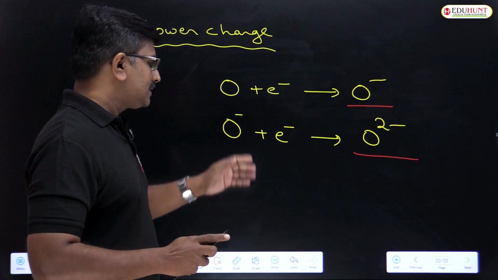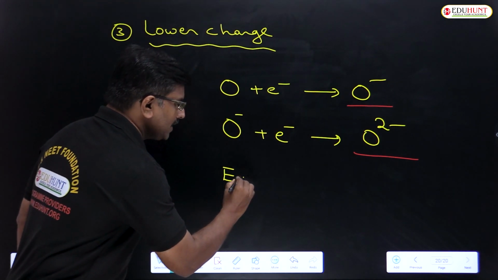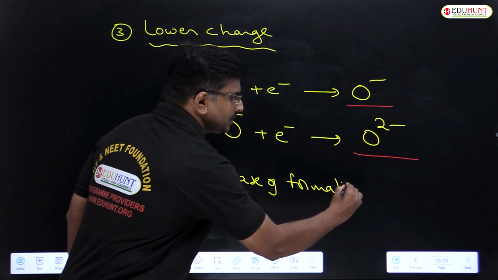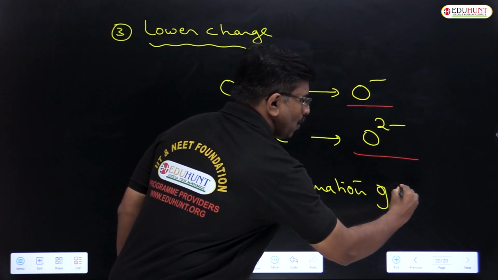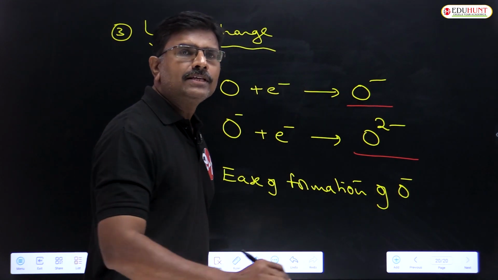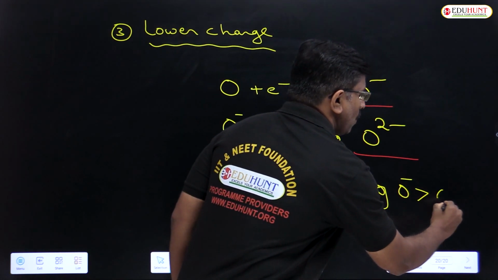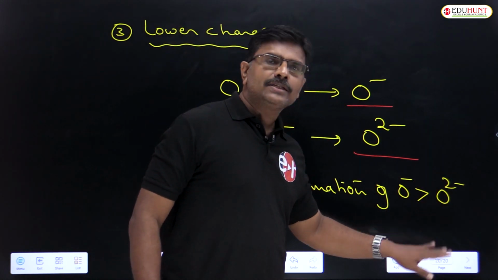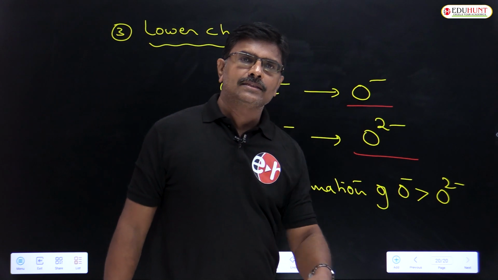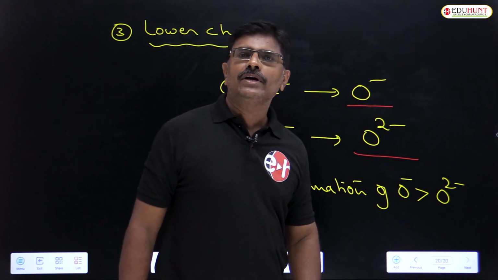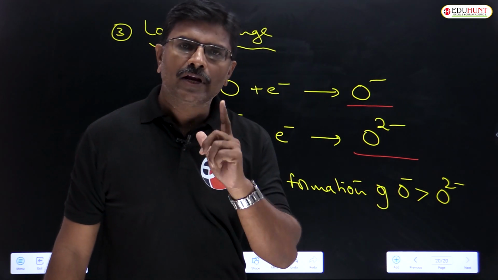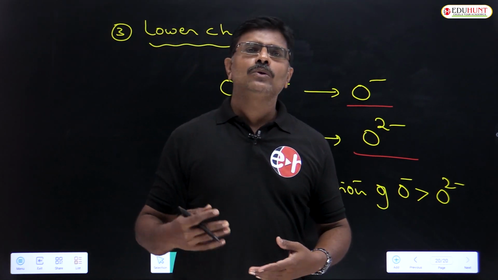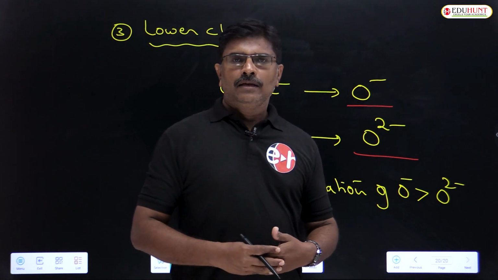That means you can say now the ease of formation of O minus is always higher than O2 minus. Why? O2 minus formation requires the addition of 2 electrons, whereas O minus formation requires only addition of 1 electron. Understood? It is always easy to add 1 electron than 2 or more electrons, isn't it?